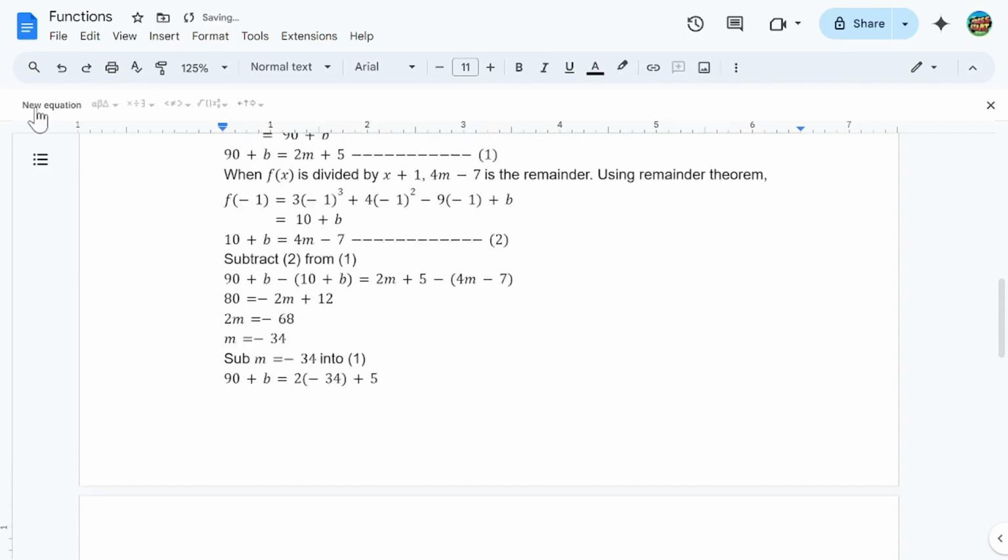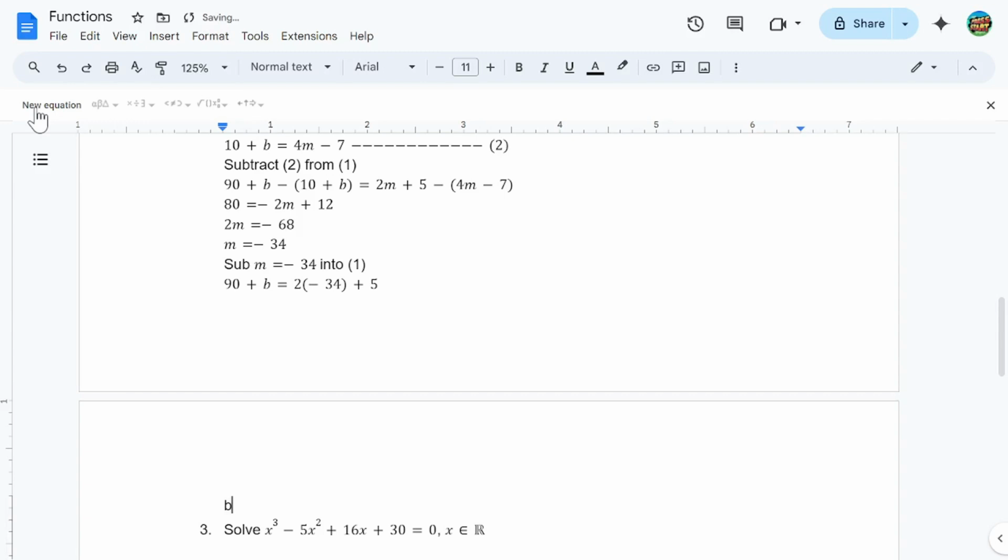And we have another negative number. b equals negative 90, because we minus 90 from both sides to make b the only variable on the left side. So we got minus 90 minus 2 times negative 34, plus 5.